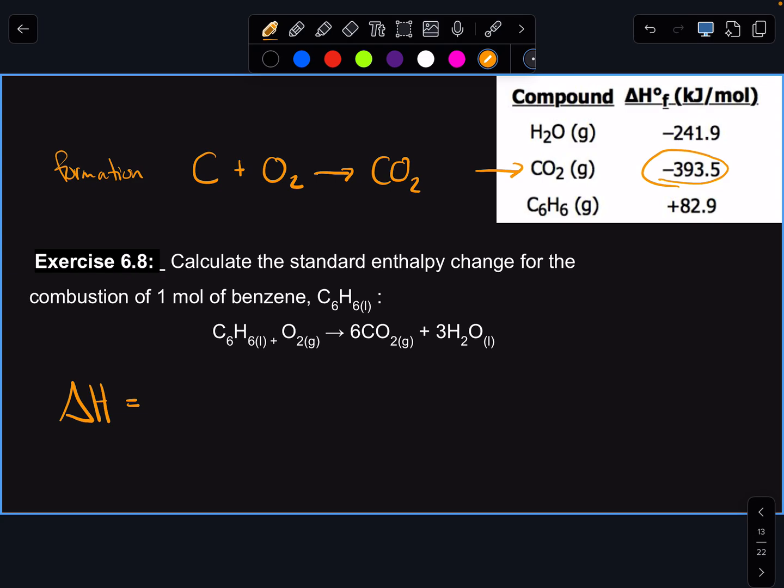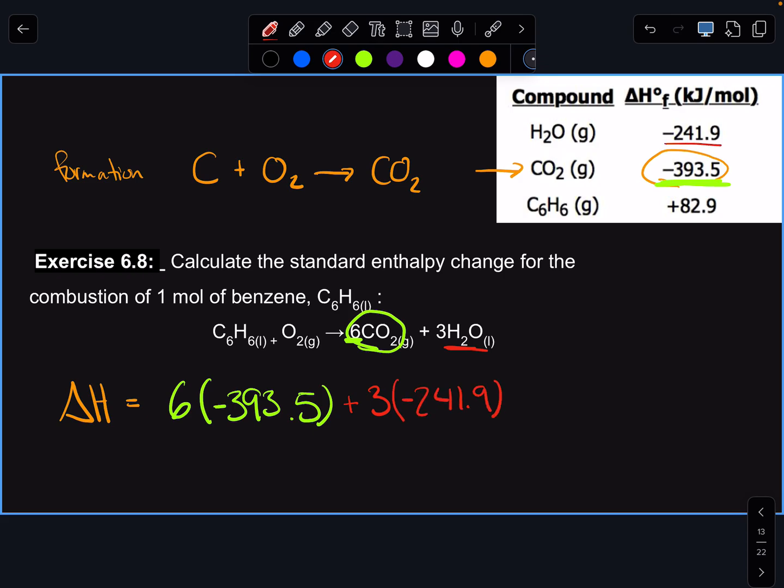I'm going to use different colors once again to help us out here. My products are carbon dioxide, and notice I have 6 of them. So I'm going to do 6 times our negative 393.5, plus 3 times our value for water, negative 241.9.